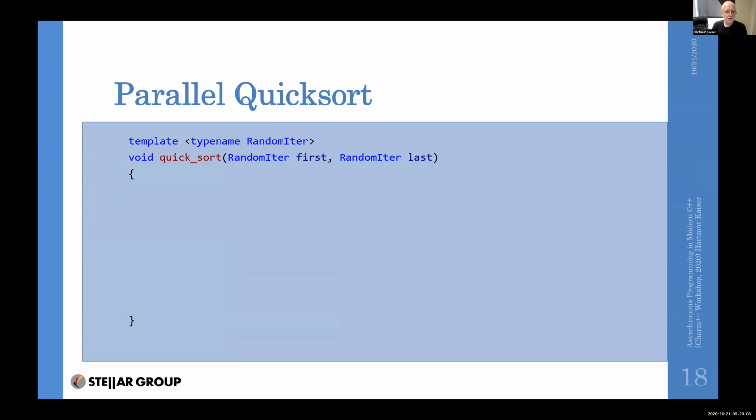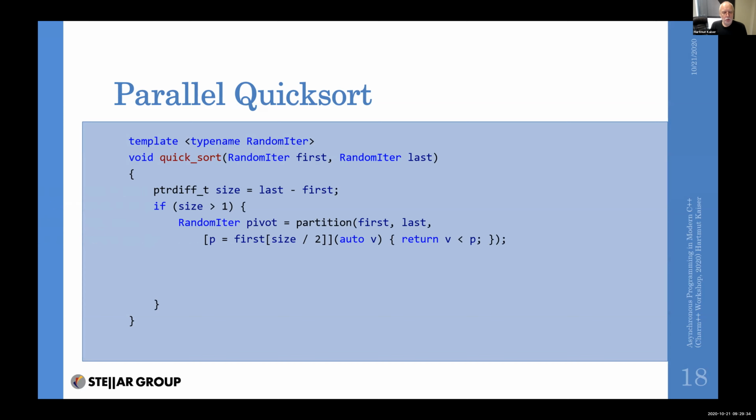So let's parallelize Quicksort. We assume that we want to sort a sequence of values that are contiguous in memory between first and last. So we are dealing with random access iterators here. We certainly want to sort things only if we have more than one element in our sequence.